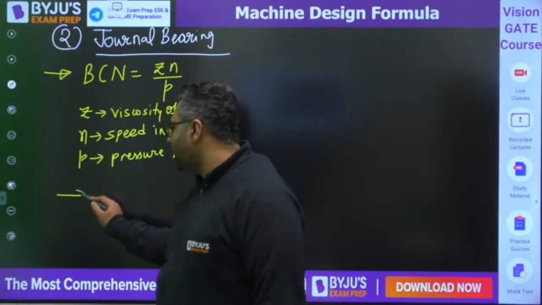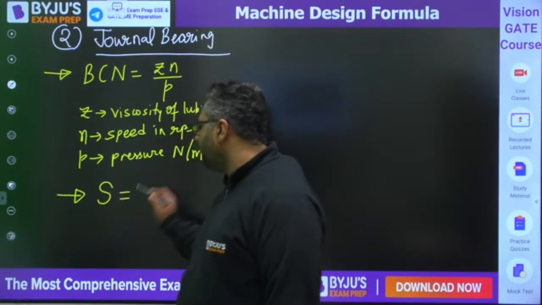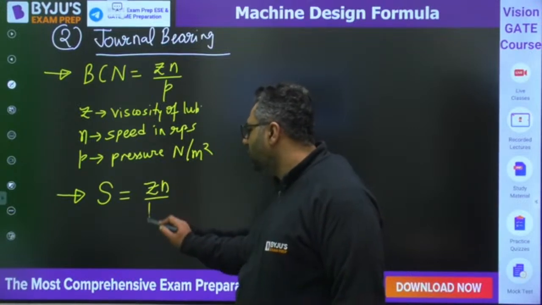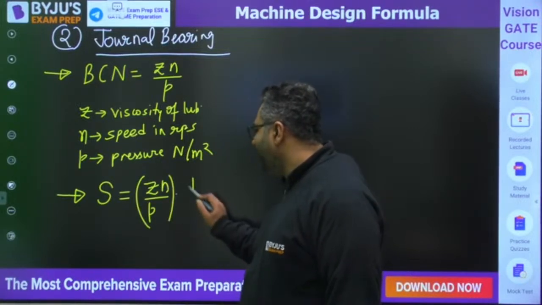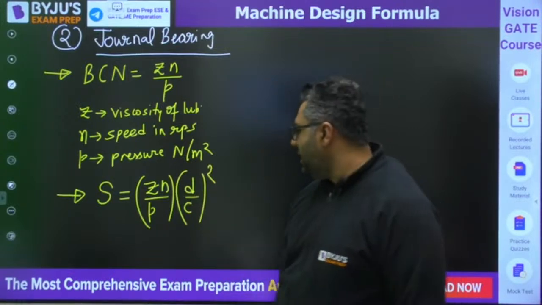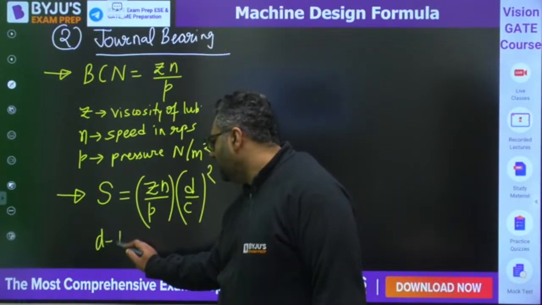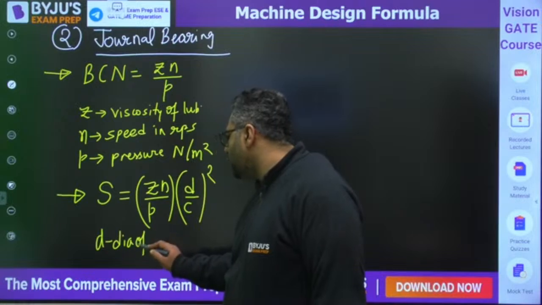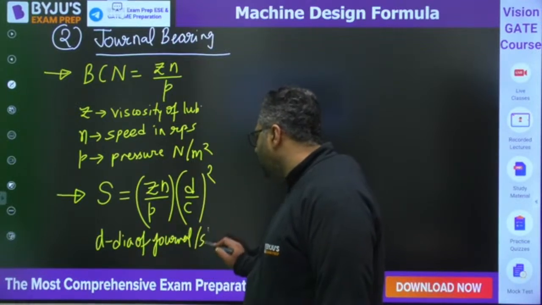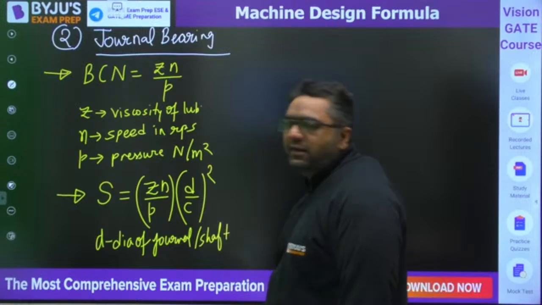Second formula you were having about the Sommerfeld number. Sommerfeld number is defined as Zn by P and then (D by C) whole square. Here Zn by P is the same. What is D? D is diameter of journal. Journal means shaft. Okay, which shaft? Which is inside the bearing.